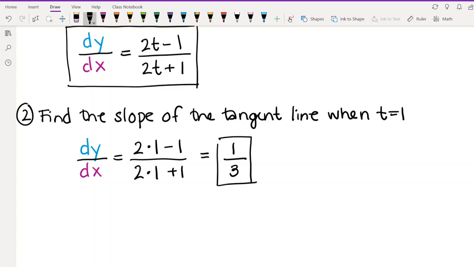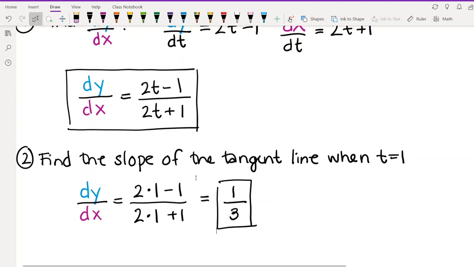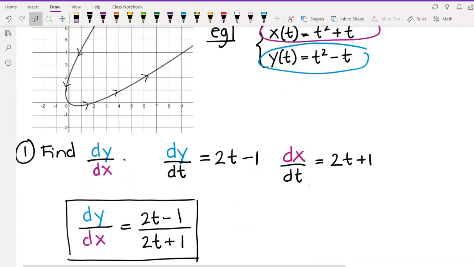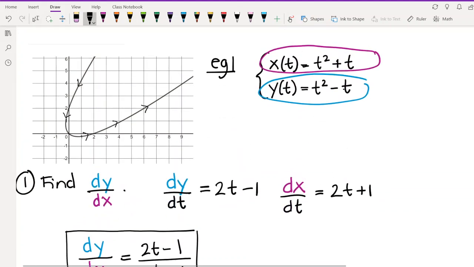If we look at the picture, it's maybe not going to be clear immediately where this tangent line is. How would we figure out the point where this is happening? We would have to plug in t equals 1 to find that point. If we plug t equals 1 into the top equation, we would get 2, right? 1 squared plus 1 is 2.